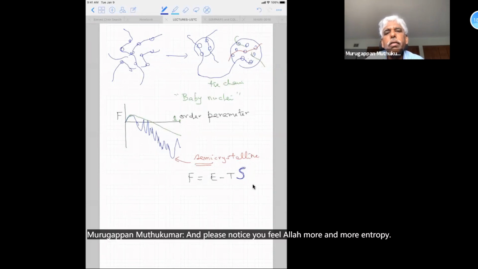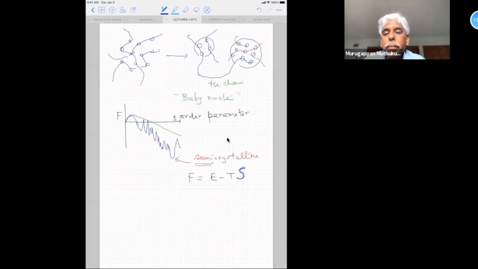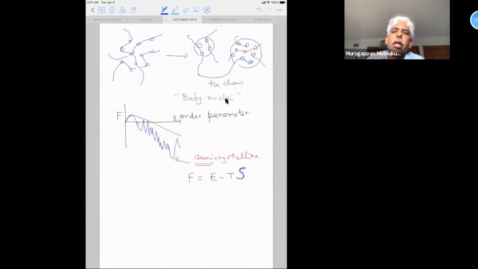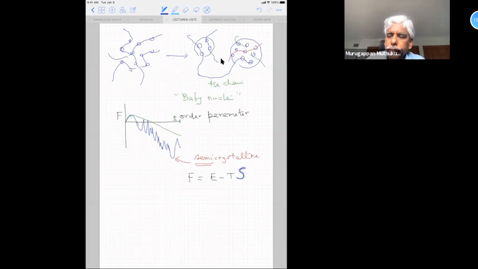And please notice, if you allow more and more entropy, then the free energy is going to be lower, because of the negative sign here. That means the entropically frustrated situations become more promoted in this process. So we have to work with these entropic traps contributing to how these crystals grow.